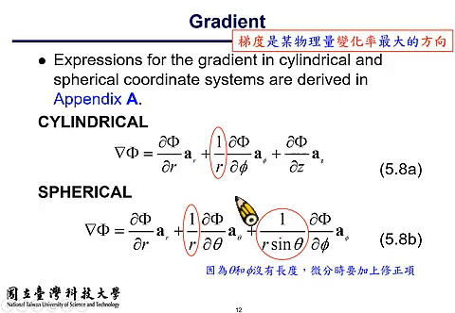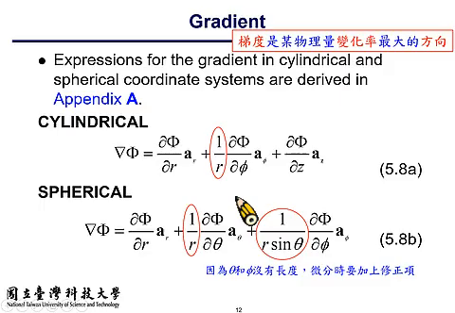So in order to incorporate them with the so-called differential lengths, the quantities theta and phi need to be coupled with r, the distance from the z-axis, and the distance from the origin for a spherical coordinate system.